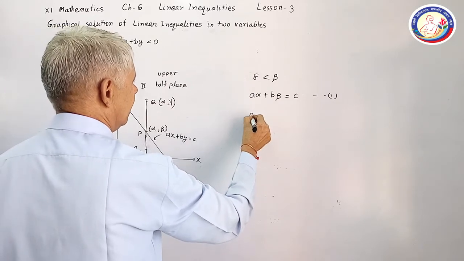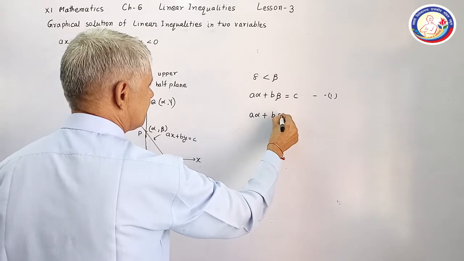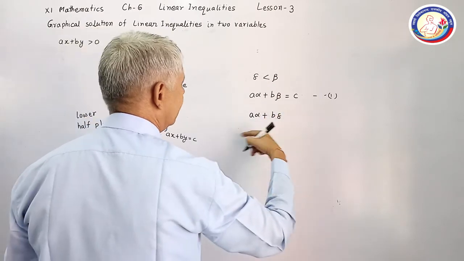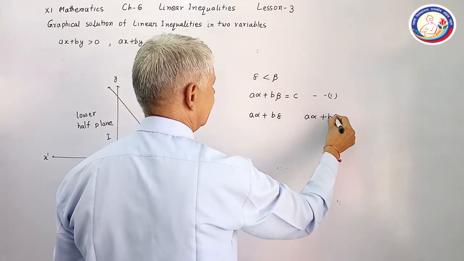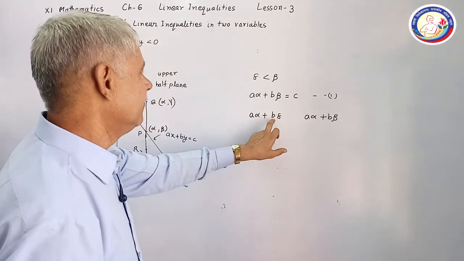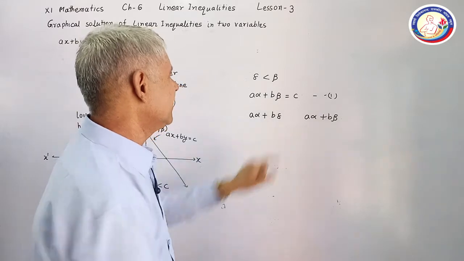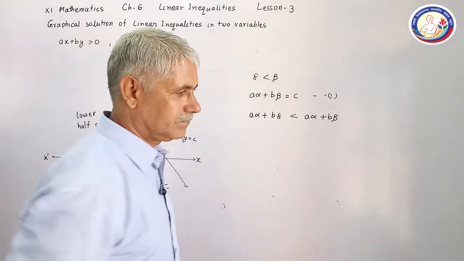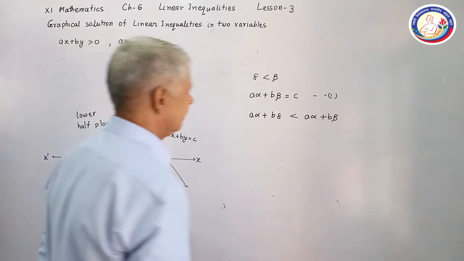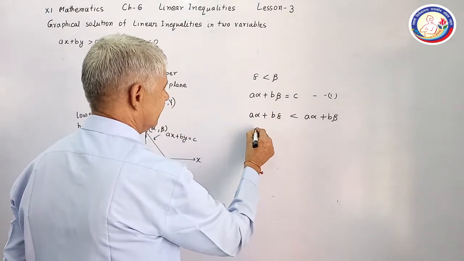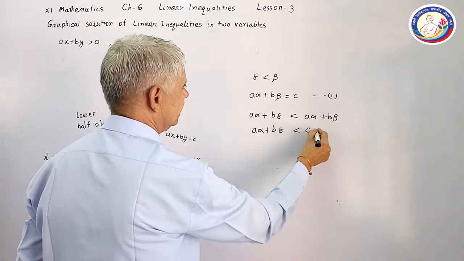I am taking A alpha plus B delta, and here I am writing A alpha plus B beta. B is positive, so B delta, when delta is less than beta, this side will be smaller. It means A alpha plus B delta is less than C.